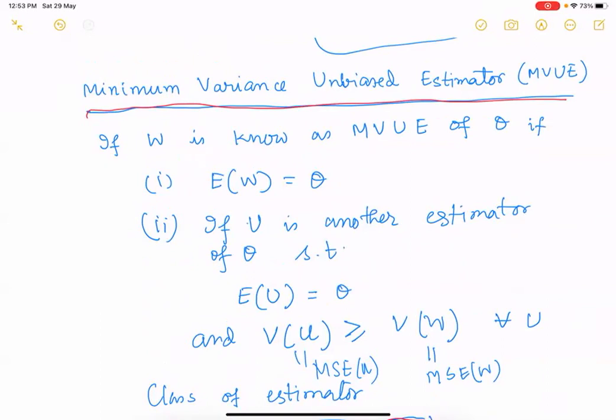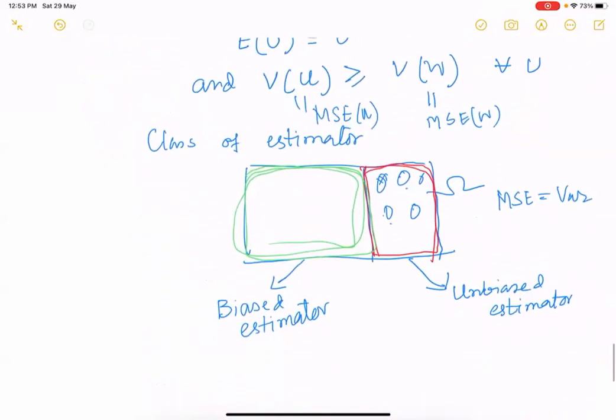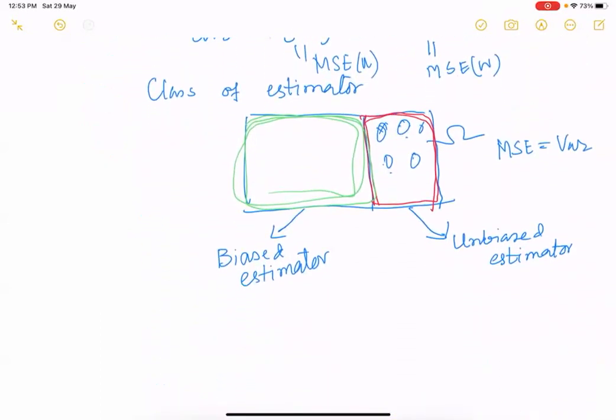So if I'm reducing mean square error in any way, why bother confining myself within unbiased estimators? I might rather consider the entire world of estimators, find the best one which has the minimum mean square error, and then if there is a systematic bias and the bias is too large, then we can think of how to reduce that bias.